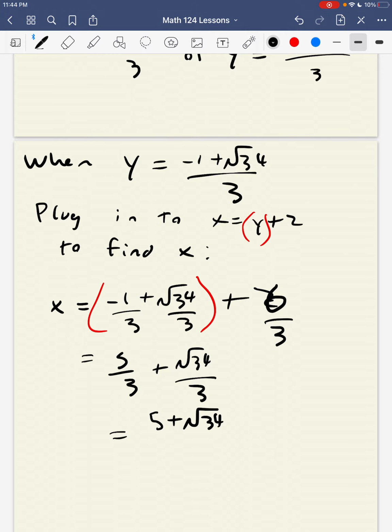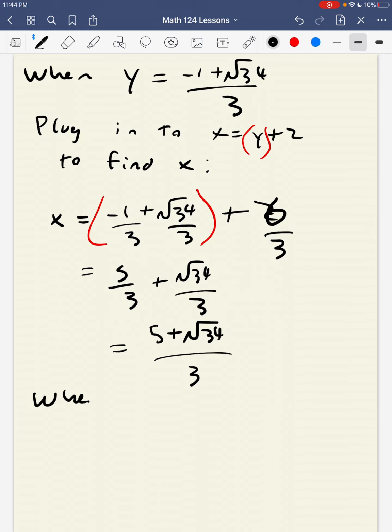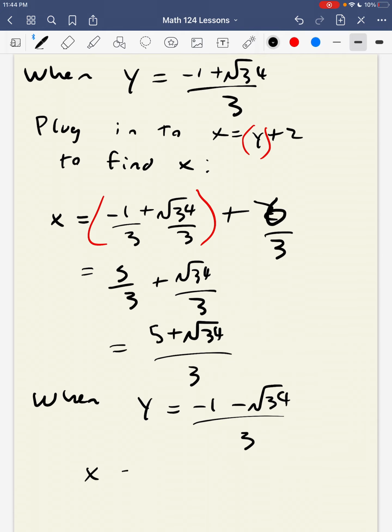You might need to write it like this. There we go. Similarly, when y is -1 minus root 34 over 3, x will be 5 minus root 34 all over 3.